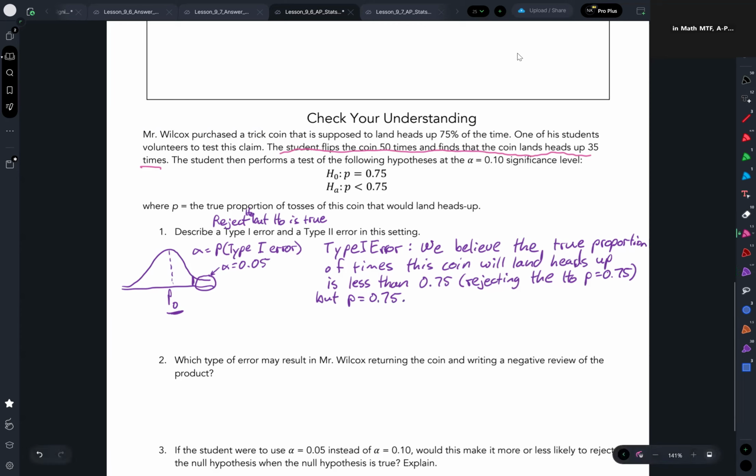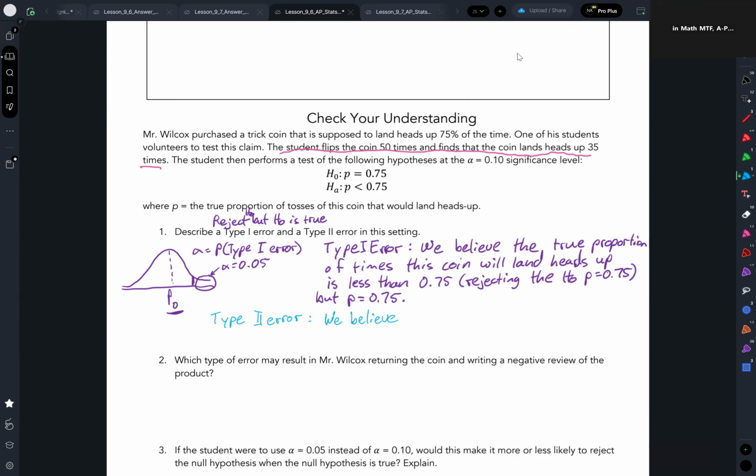And so when I now think about my type 2 error, if type 1 was rejecting the null, type 2 error has to start with we fail to reject the null. So we believe. Notice I never say anything about proving. Remember, in statistics, we don't prove.